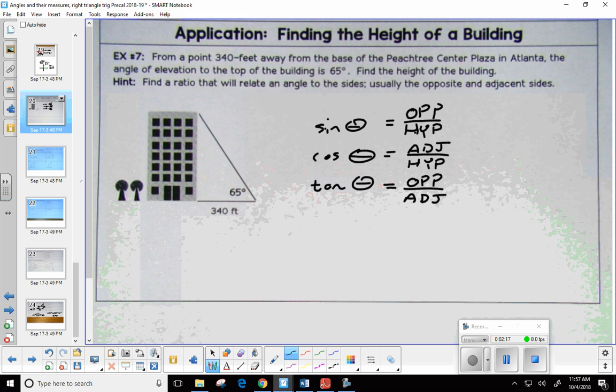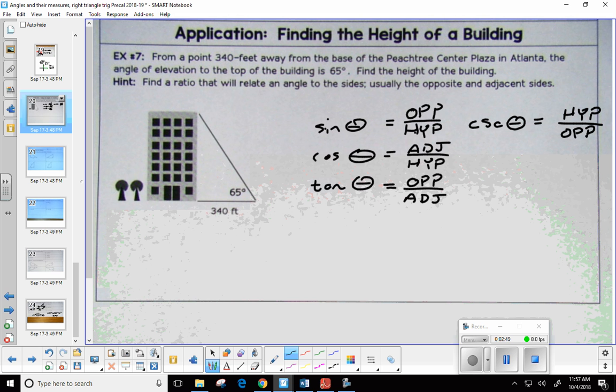Now we've been talking about these other three functions that are the reciprocals of the ones you learned back in geometry. What's the reciprocal of sine? It would be the hypotenuse over the opposite, but what trig function? Not secant, starts with a C. Cosecant, there we go. So cosecant, I'll abbreviate that CSC of theta, equals the hypotenuse over the opposite.